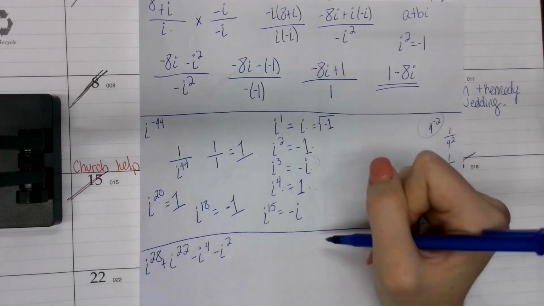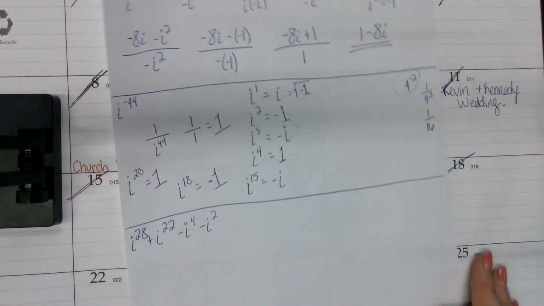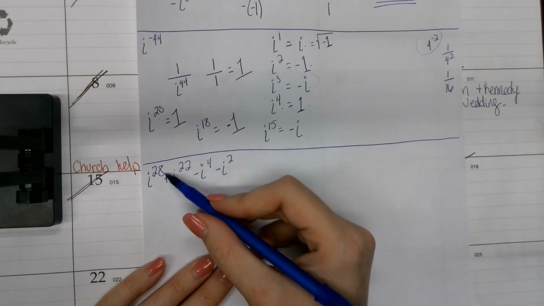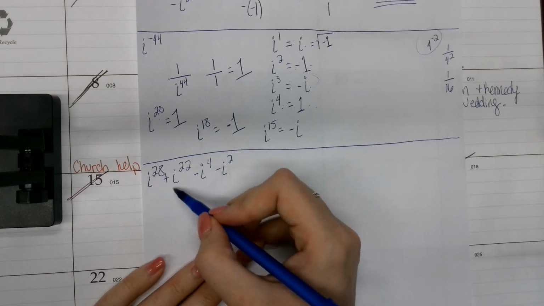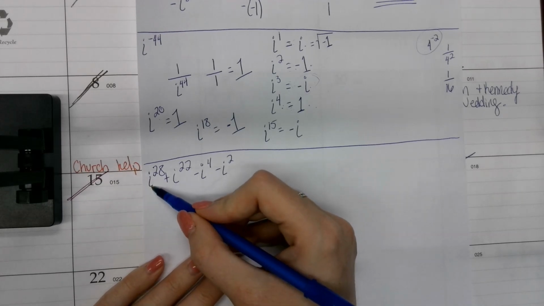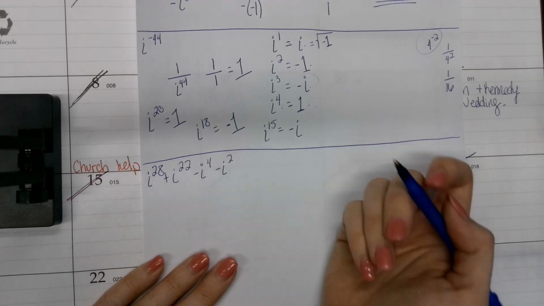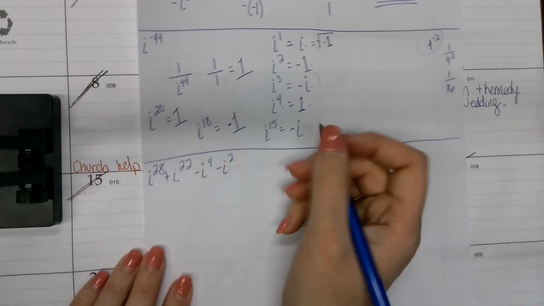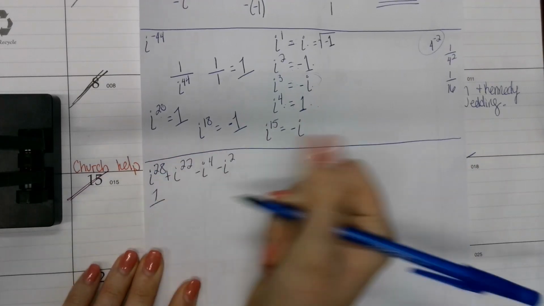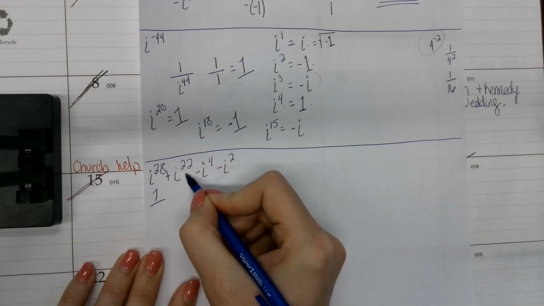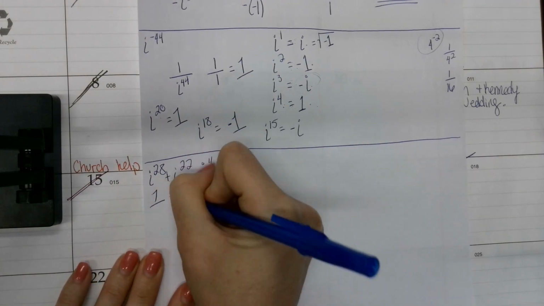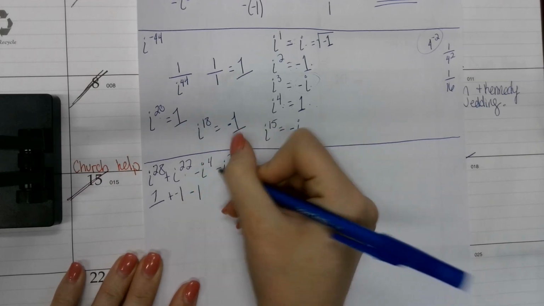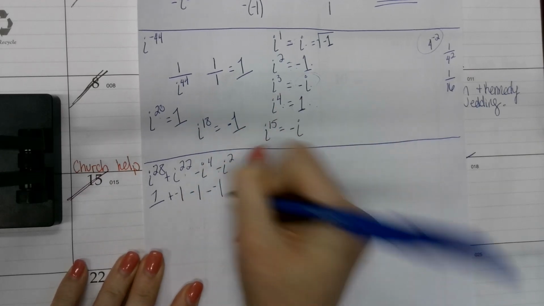That's very confusing. Okay, I'm sorry if that didn't help any. On the 28th one, I'd say 4 goes into 28 7 times. So I'd have 1 plus negative 1 to the 4th, so it'd be subtract 1, subtract negative 1.